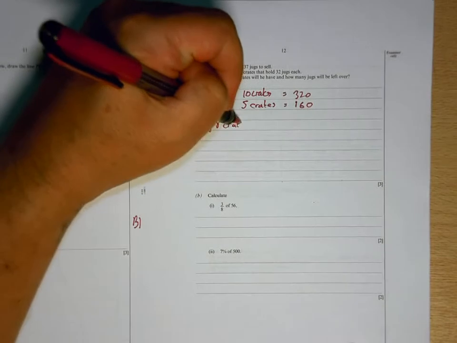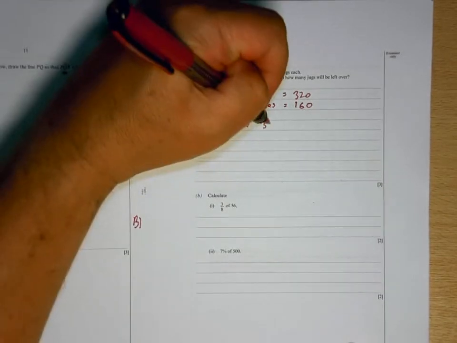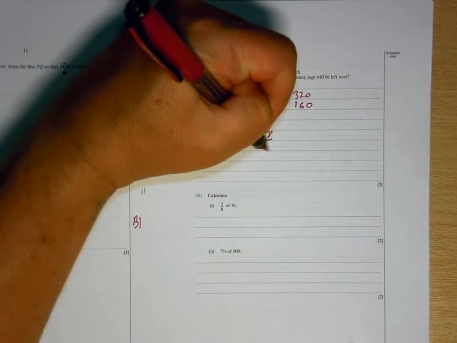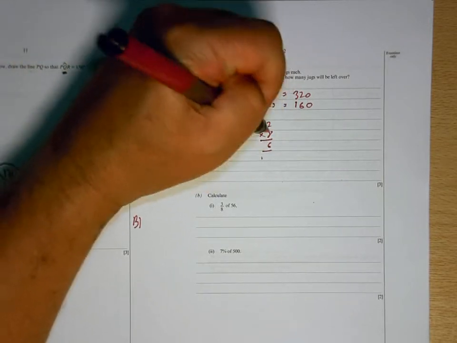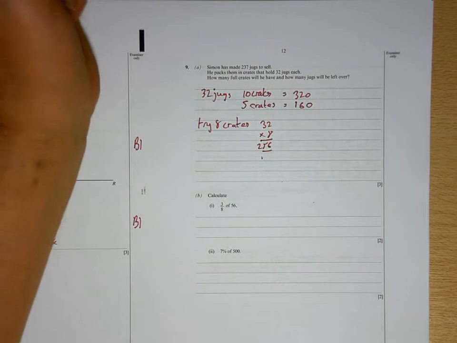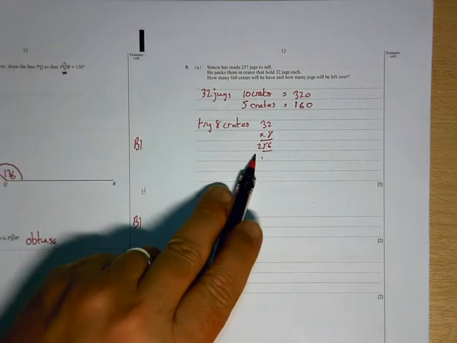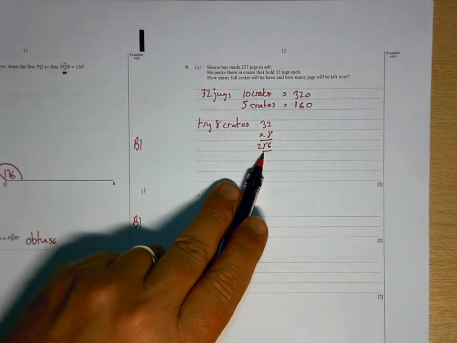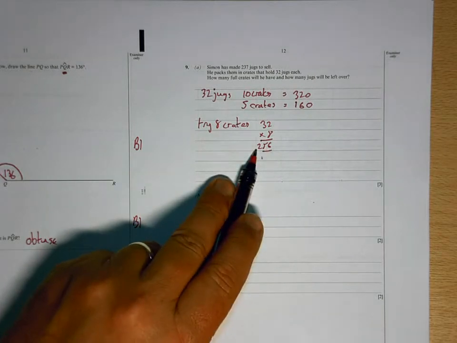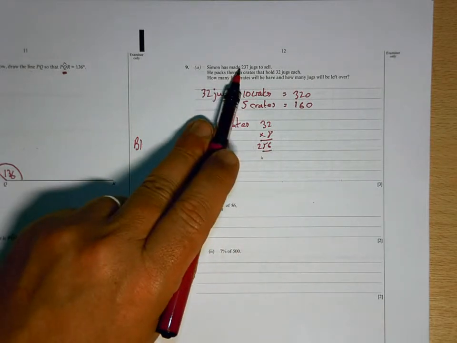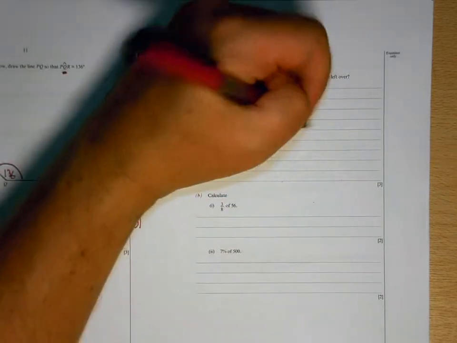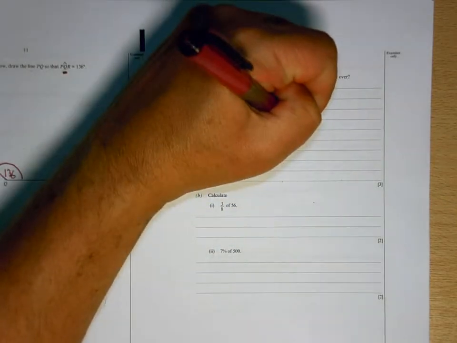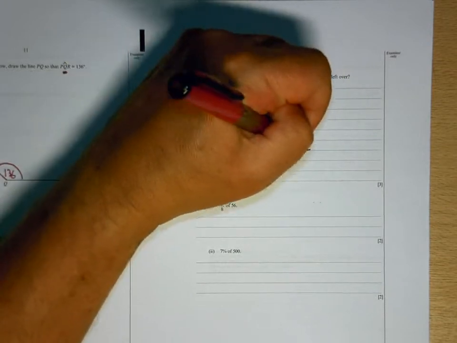So 32 times 8 is 16, 24, 25, 256. Okay, so 8 crates would take 256. I need 237. So it could be 7 crates. Okay, so let's try 7 twos are 14, 21, 22.